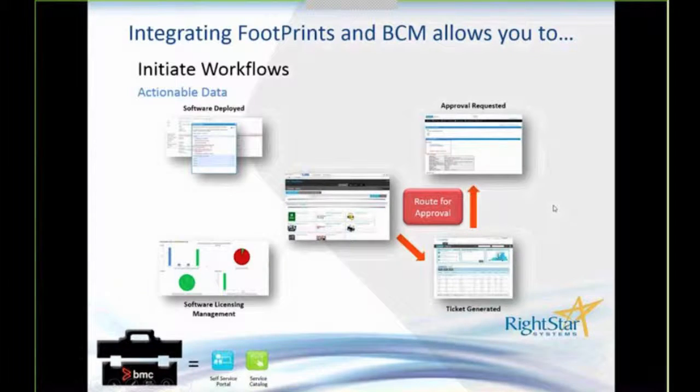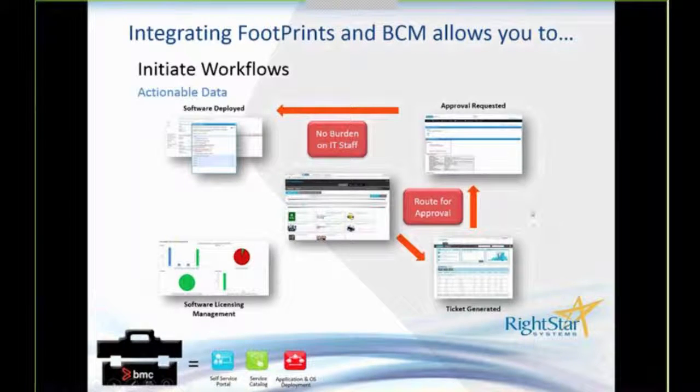Once it's approved, or if no approval is required, what then happens is the software is automatically deployed, leveraging the application management or application deployment tool. This happens with no interaction by the IT staff. It's something that's pre-configured in our workflow engine. Literally, there's about 3 different wizards that would need to be created to facilitate a workflow of this nature.